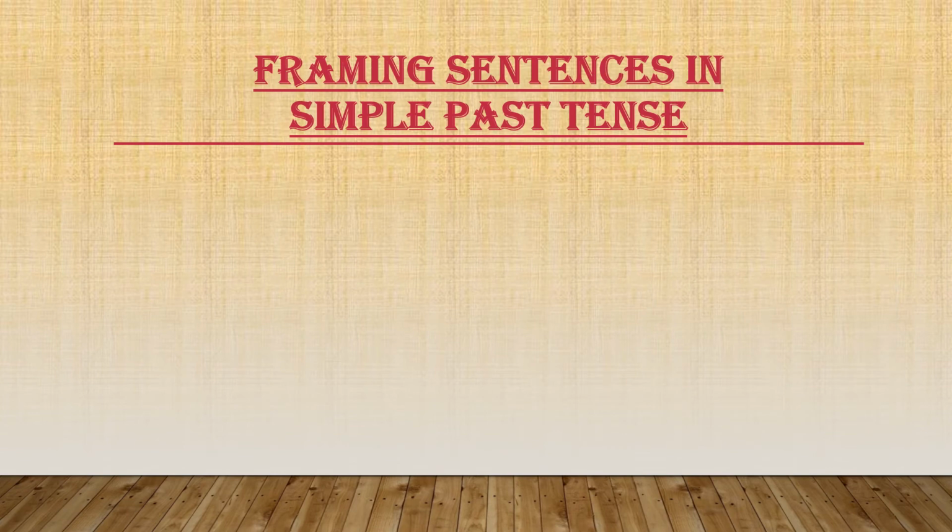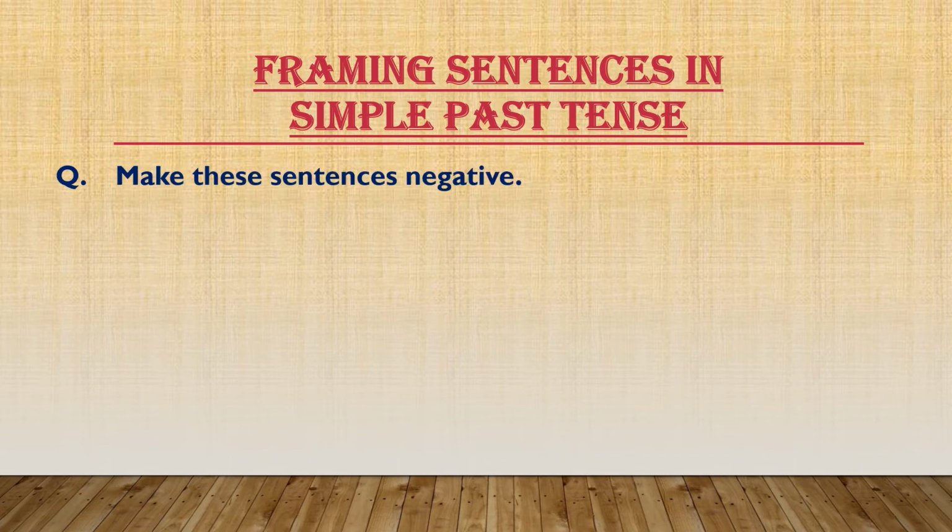Now, moving on to the next level. Let us change the given sentences into negative. Here is the first one. He read the news. Here, you already have the sentence in past tense. All you have to do is to change it into negative. And if you remember, I told you what you need to do is just add did not.